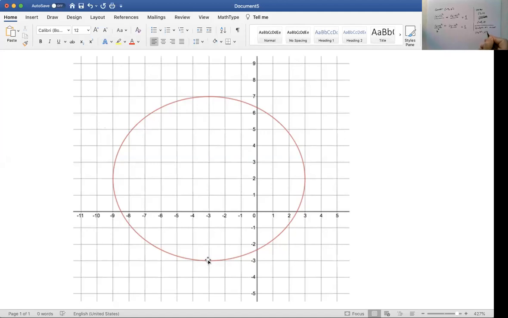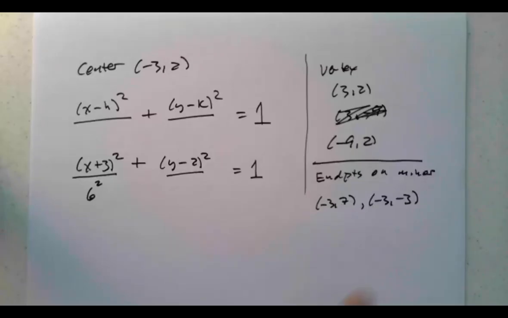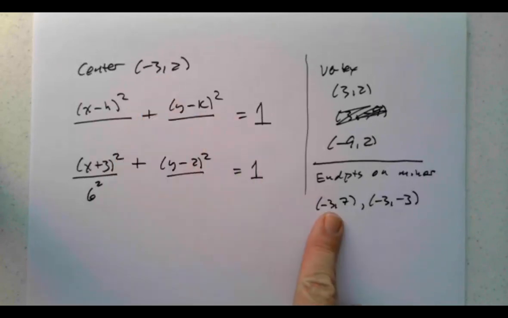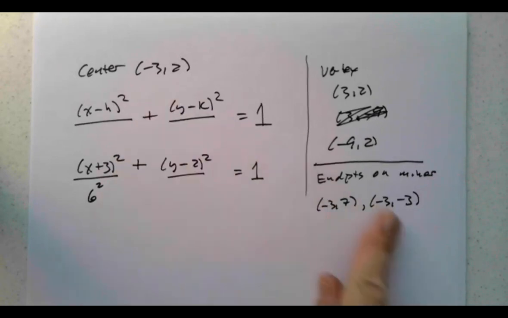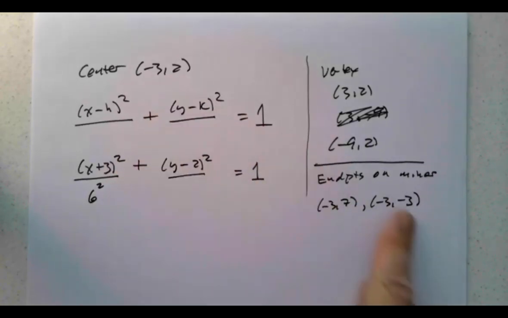So let's think about that before we actually count. Getting from -3, 2 to -3, 7, how far up am I going in the y direction? I'm assuming that's up 5. From -3, 2 to -3, -3 is down 5. So the span in the y direction sure seems to be 5.